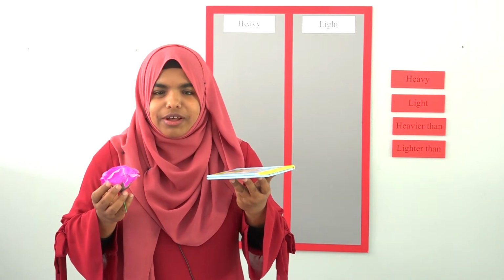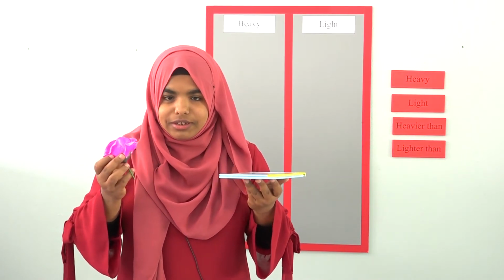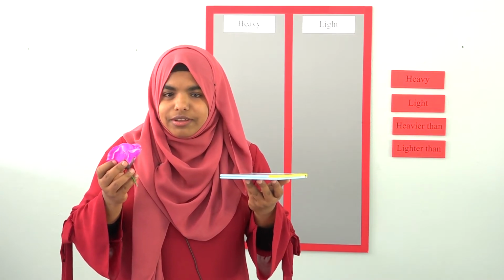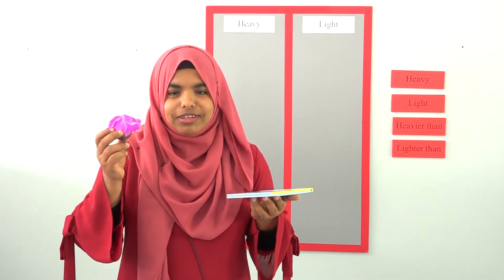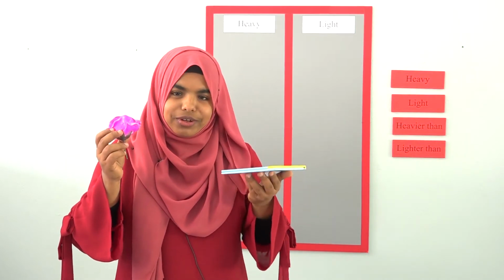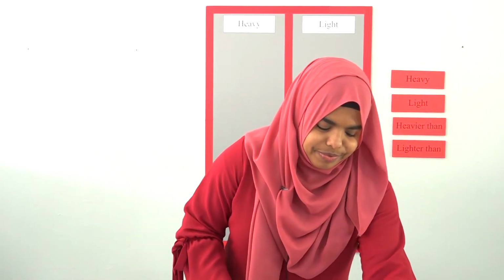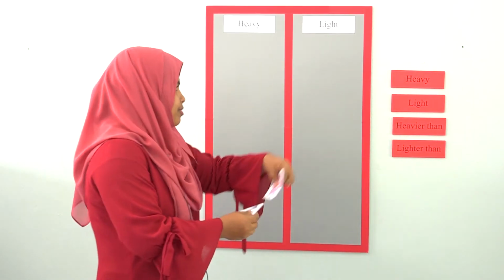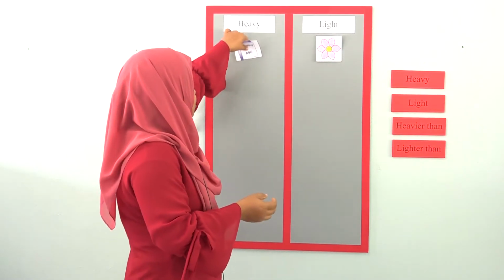On your paper, you can draw or write the object which is lighter. What do you think? Yes, it's the flower. The flower is lighter than the book.